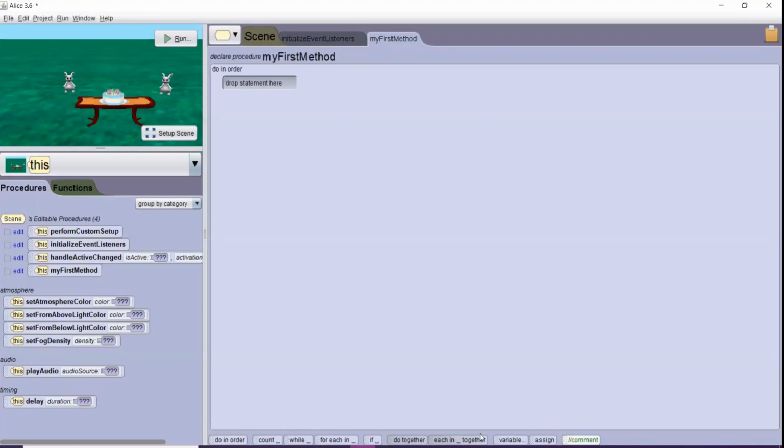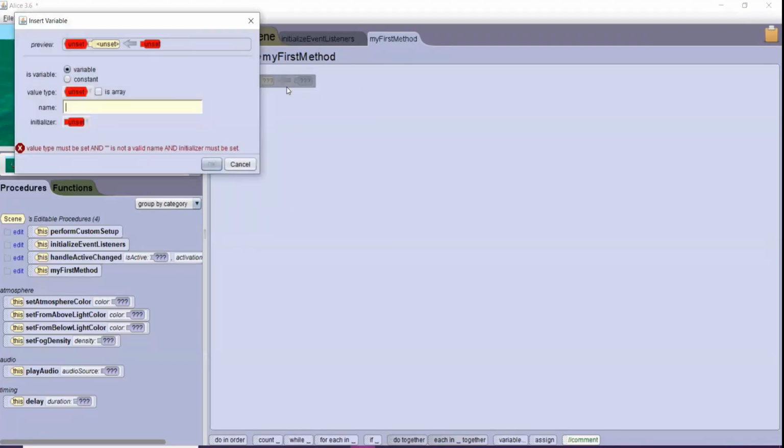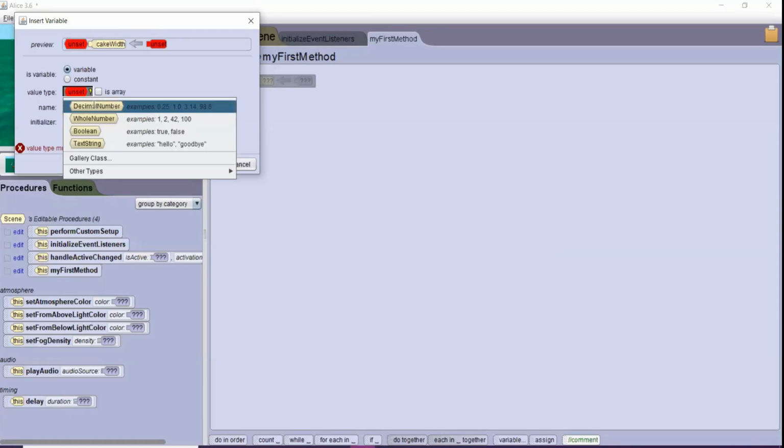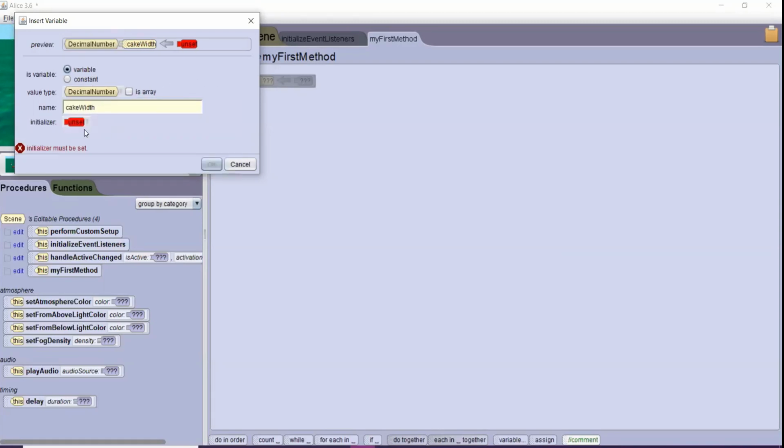So untuk buat declaration tu kita kena create variable. So nama variable yang saya nak namakan dia adalah cake width, di mana dia akan jenis dia variable unset. Dia saya nak simpan decimal number.